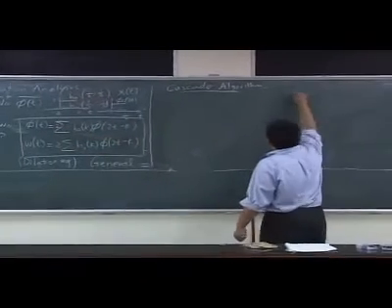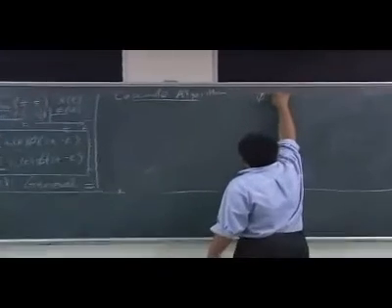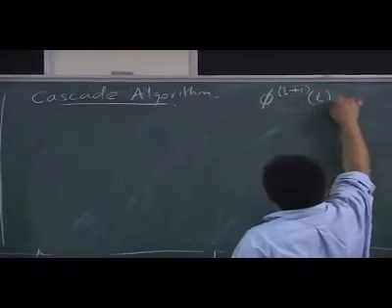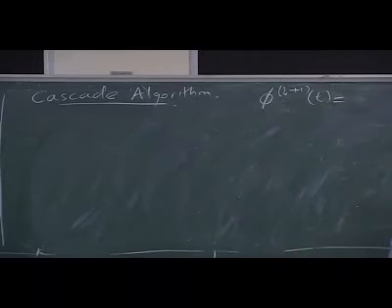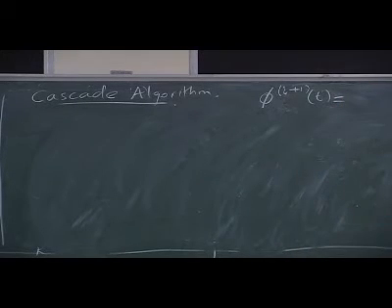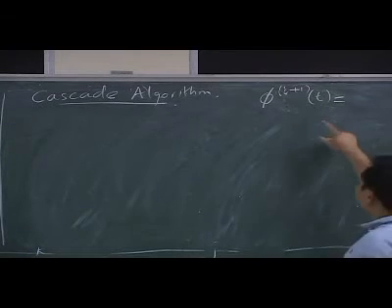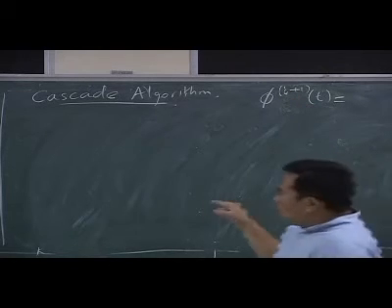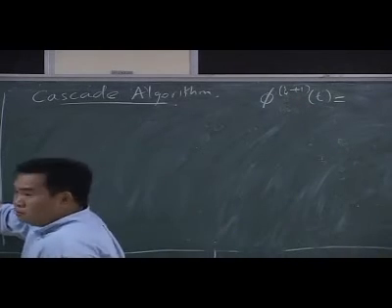What it will say is that I can do the following. I'll have an iterative process. I can start with the initial form for phi, and I can iterate it. Okay? So the i plus 1 iteration will be built on the i iteration.